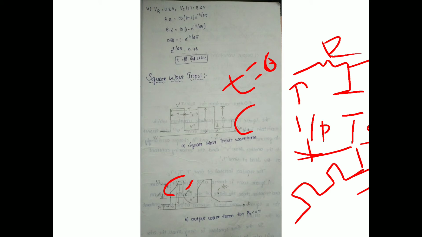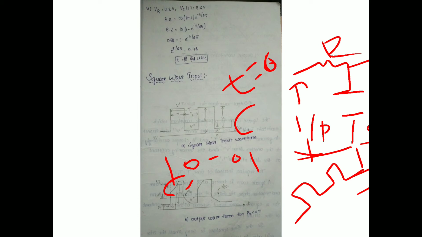Here some tilt occurs. This dotted line is known as the tilt when the time constant changes. The tilt value is 0.01 RC.